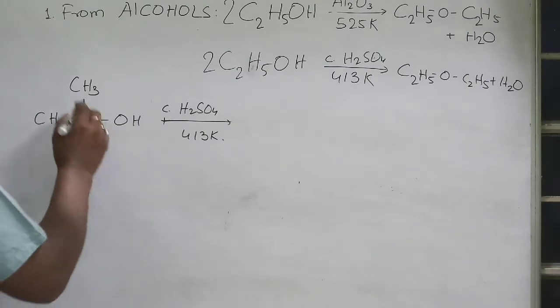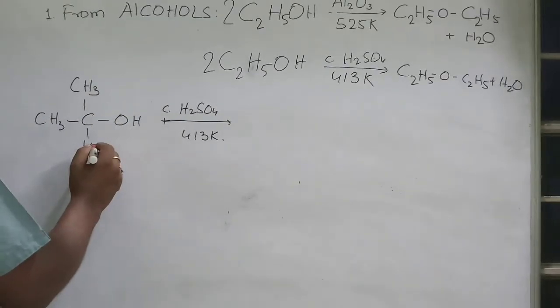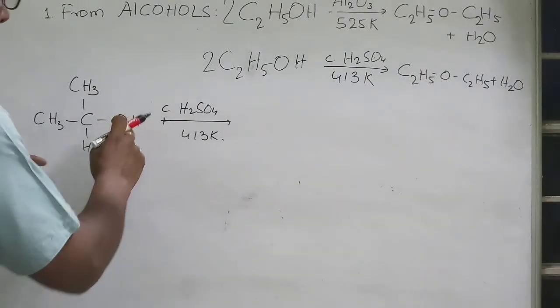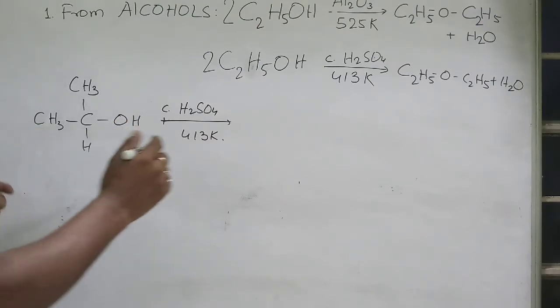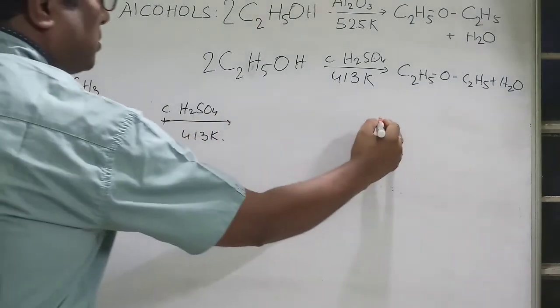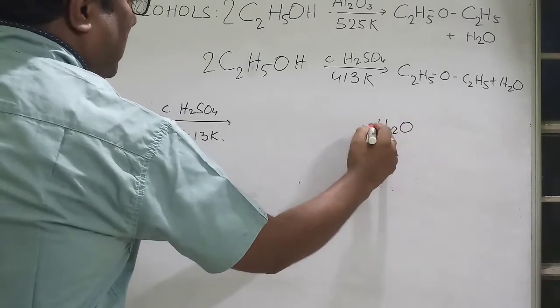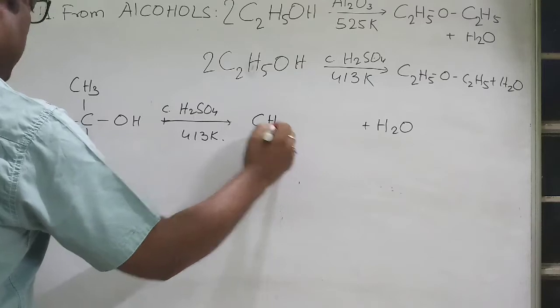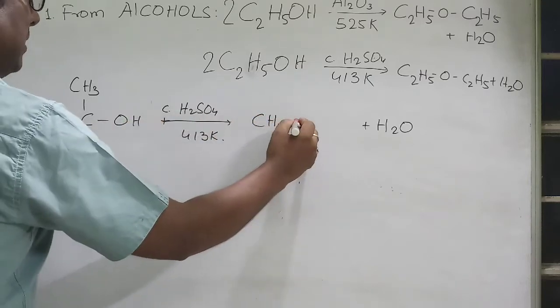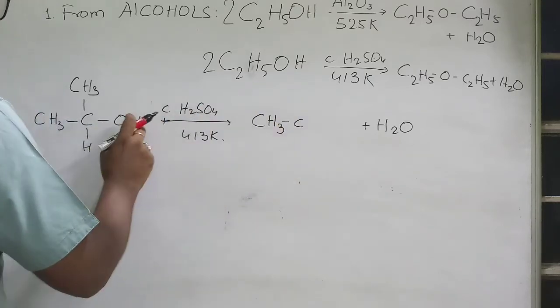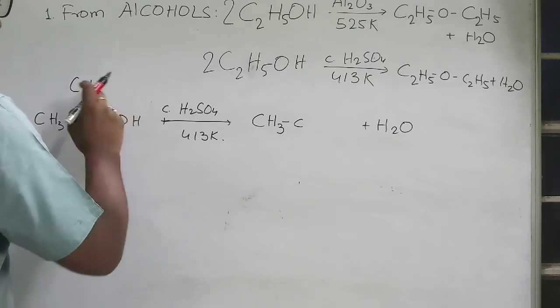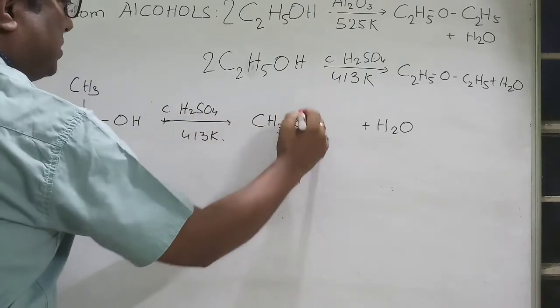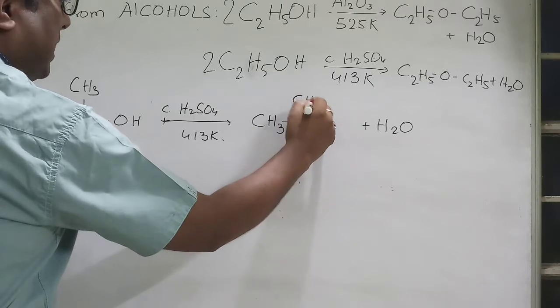The H and the OH will unite together to form water. So there will be a loss of the water molecule. What is remaining is the CH3 here and then C, and this double bond, like this H and this H go off, and here a double bond CH2.